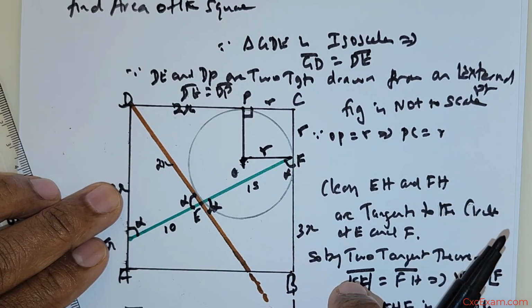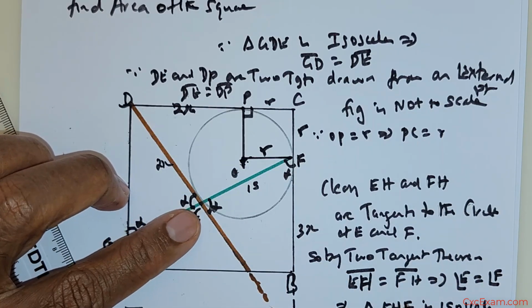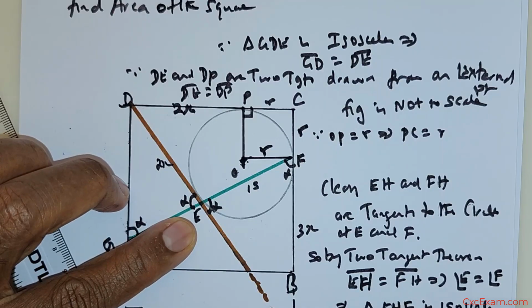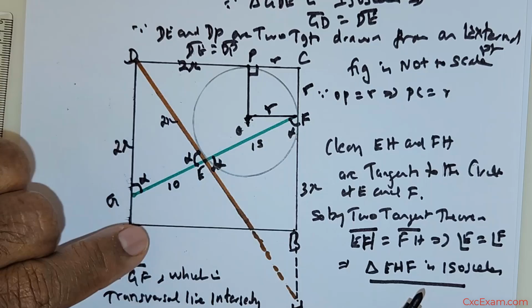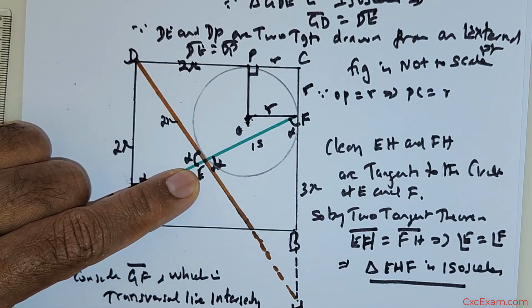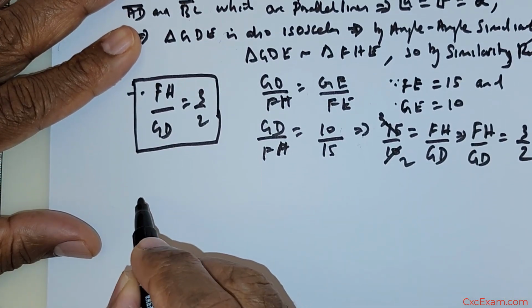So what we are going to do is we will have to also get this length EH. You see here EH and FH are tangents drawn from an external point, and we know FH is 3x. So I'm going to write the statement.